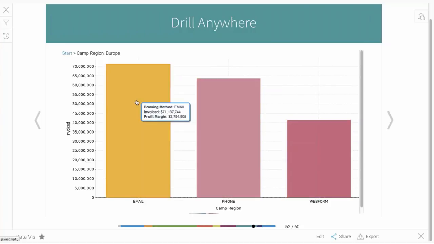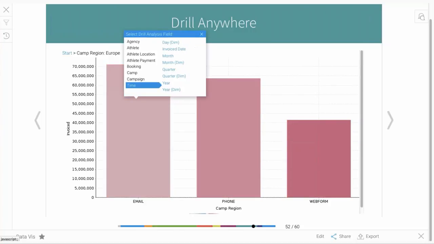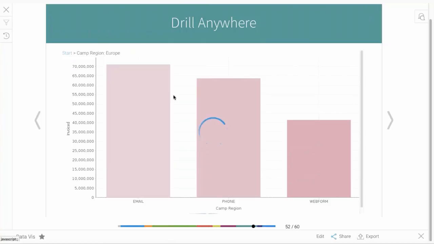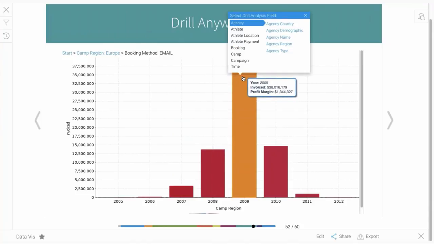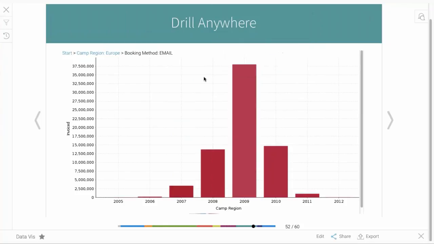So maybe I'll pick email and I'll look at how that's gone by year. So I've now drilled specifically from Europe, specifically for booking methods, specifically for email. And I can continue to click and investigate further. So drill anywhere is really, really nice if you really want to slice and dice the data.